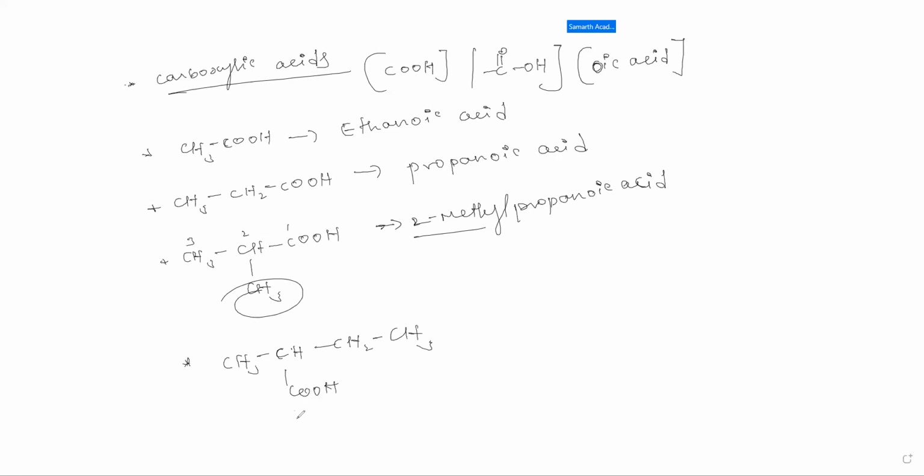So that is this one. 1, 2, 3, 4. This comes under prefix. So 2-methyl butanoic acid. This is about carboxylic acids.